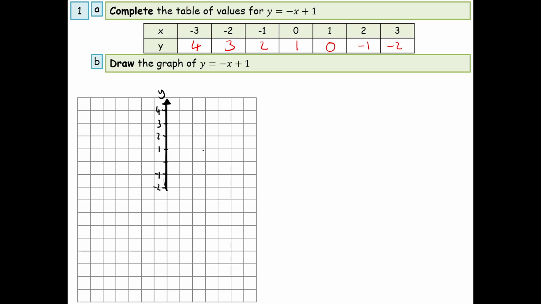And then our x-axis. Making sure I label the x and y. Let's go ahead and plot the points.